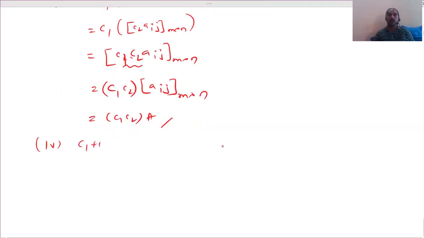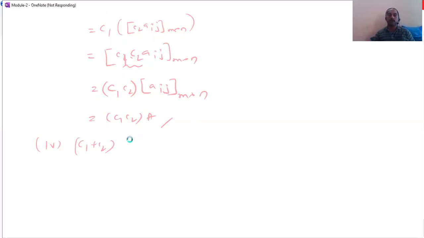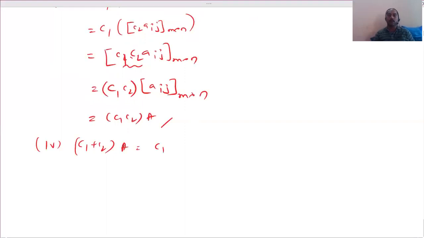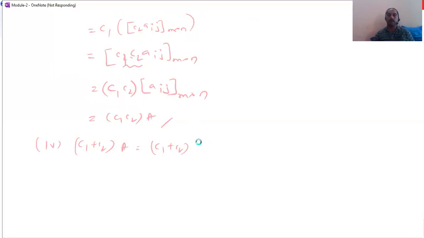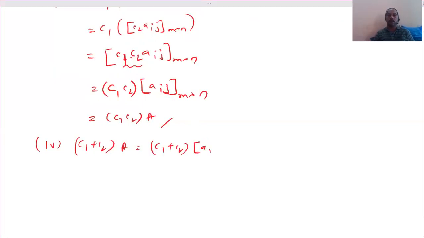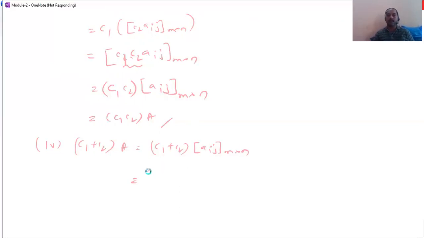C1 plus C2 times of A. So in every problem, same axioms, but you carefully write down the answer. C1 plus C2 times of A is a_ij, M by N. By using the scalar property, send the scalar inside and multiply with each entry.